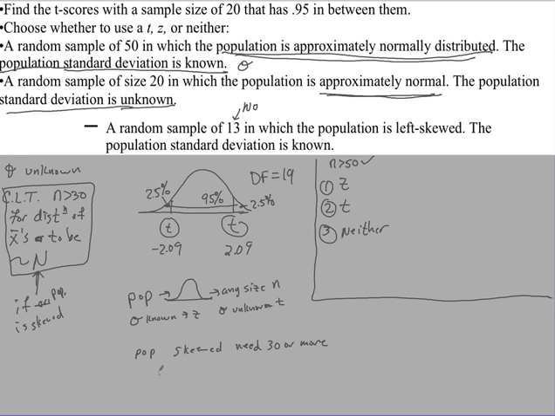If you have 30 or more, then we're good to go. If n is less than 30, we cannot proceed. If n is 30, we can proceed, and just do the same stuff.